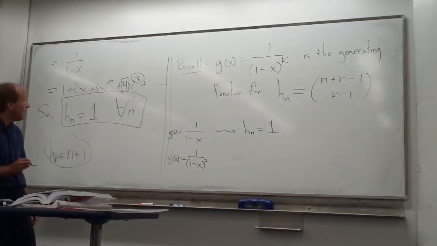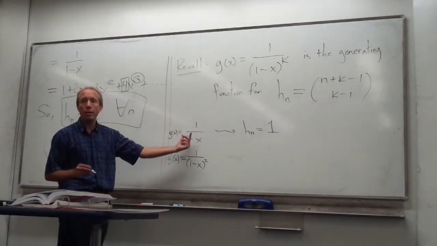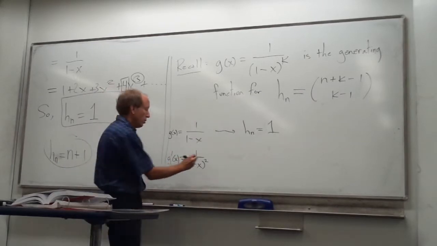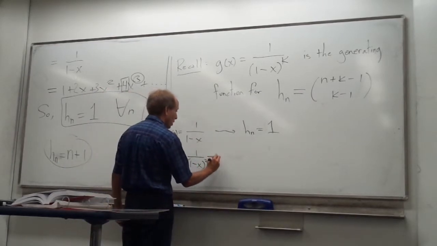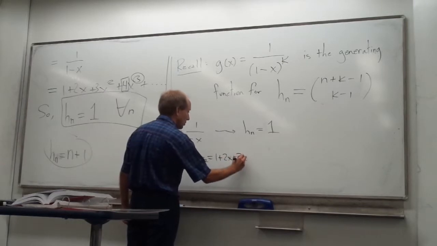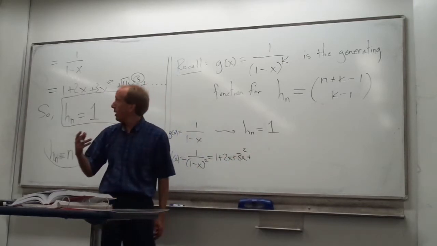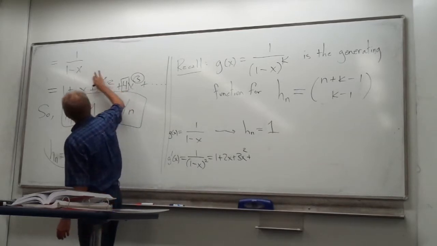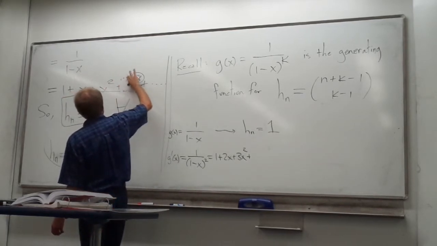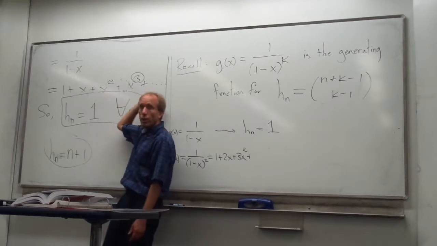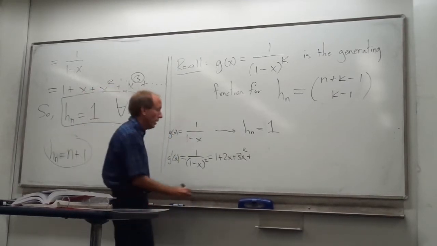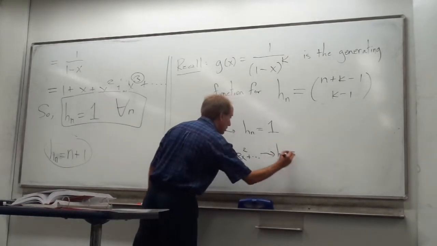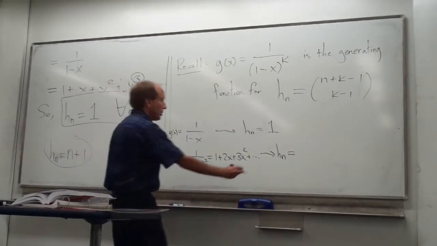On the other hand, if you take the derivative of the power series expansion of this, you'll get 1 plus 2x plus 3x squared. I'm just taking the derivative of our original 1 plus x plus x squared plus x cubed and so on. And so in this case, now you've got h sub n equal to n plus 1.